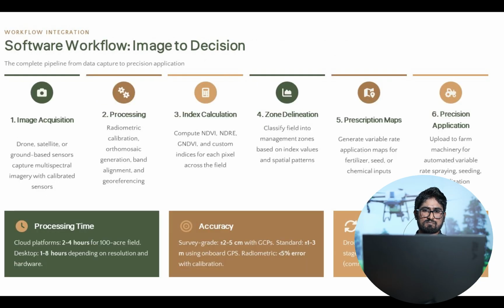This is a software workflow showing how we can get decisions after taking images. We can use drones, satellites and ground-based sensors to capture multispectral imagery with calibrated sensors. Then we process using radiometric calibration, orthomosaic generation, band alignment and georeferencing. After that we calculate vegetation indices.